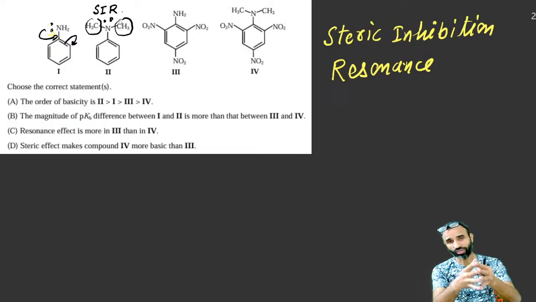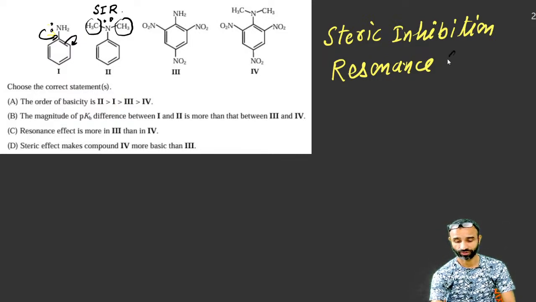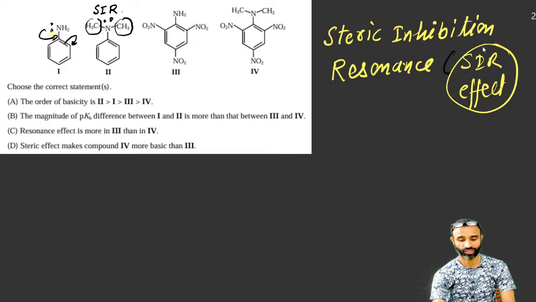So electron density on the nitrogen increases, which means they provide a synergic effect. Two methyl groups provide electrons to the nitrogen, and at the same time they will not allow nitrogen to donate electrons to the ring due to the SIR effect. That's why if you compare 1 and 2, 2 should be more basic than 1.